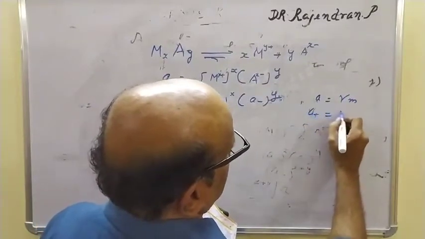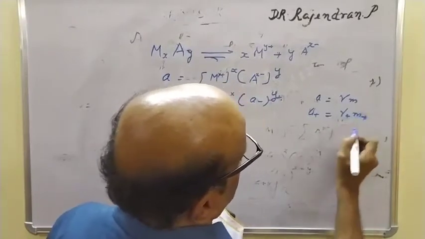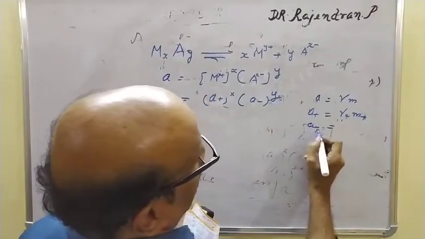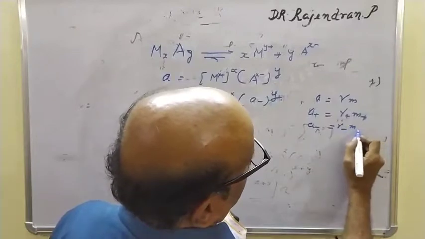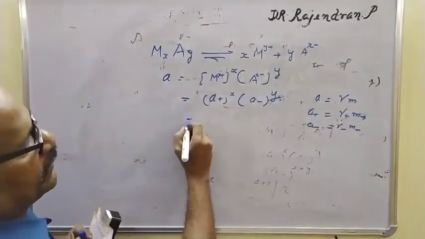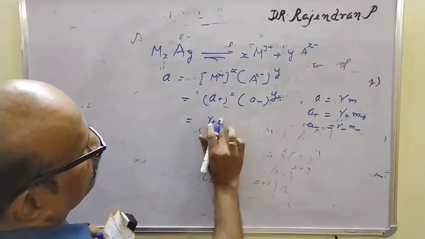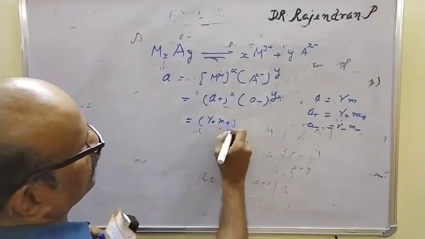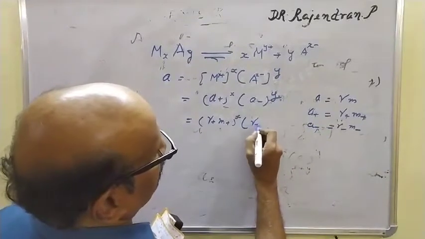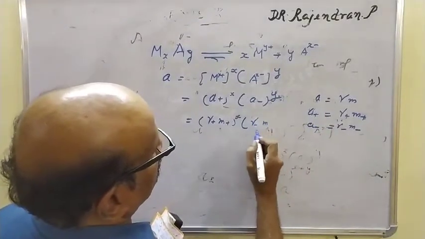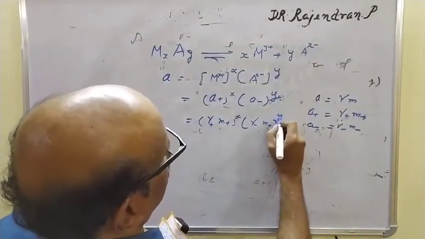Therefore a plus is gamma plus into m plus, and similarly a minus is gamma minus into m minus. So we introduce this equation: a plus is gamma plus into m plus raised to x, and a minus is gamma minus into m minus raised to y.